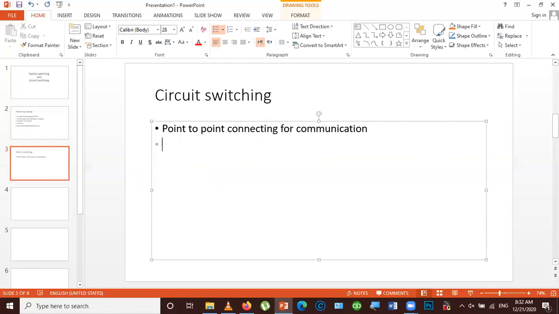But here we need point-to-point communication for transmitting the data between two nodes from one place to another, and these point-to-point communications are connected with each other by a dedicated line of communication.